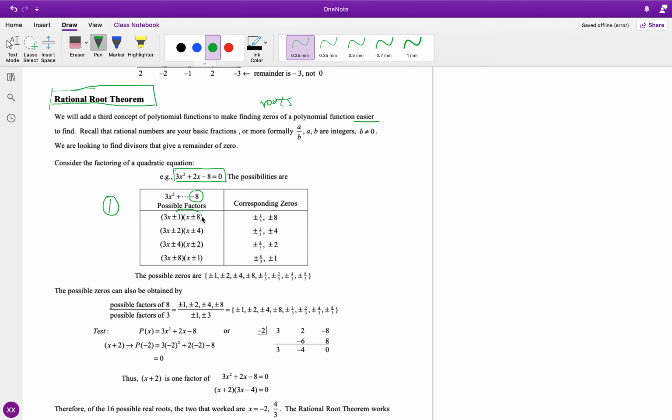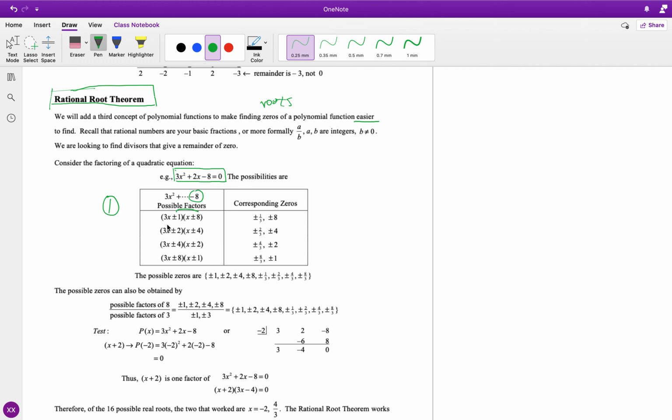Also note this is 8, 4, 2, 1, and that is 1, 2, 4, 8. That's a pattern, because 1 multiplied by 8 or 8 multiplied by 1 is the same thing. Therefore 2, 4, 4, 2. So these are the possibilities.